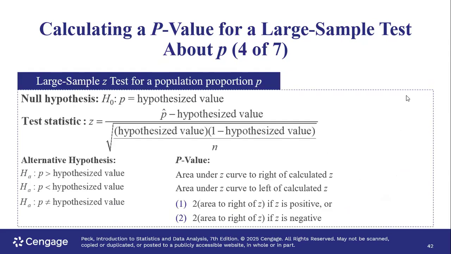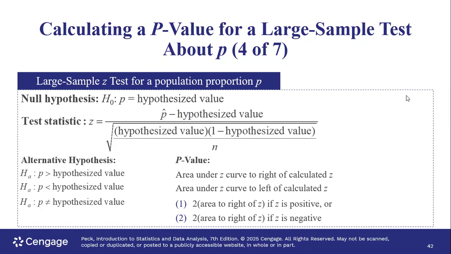Okay, so this is the general way we will conduct the steps. First, we state the null hypothesis, p equal to a hypothesized value. Then we compare the sample proportion to the population proportion, the one that we made an educated guess about in the null hypothesis, assuming the null hypothesis is true.